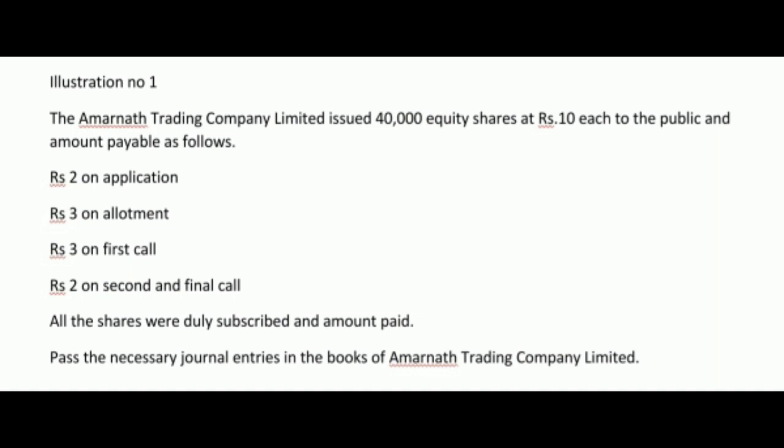They are collecting 10 rupees per share in 4 different stages: rupees 2 on application, rupees 3 on allotment, rupees 3 on first call, and rupees 2 on second and final call. He has given the information that the entire shares have been subscribed and the amount also paid. For this transaction, we are supposed to pass the journal entries. Let us look into the solution part without any further delay.